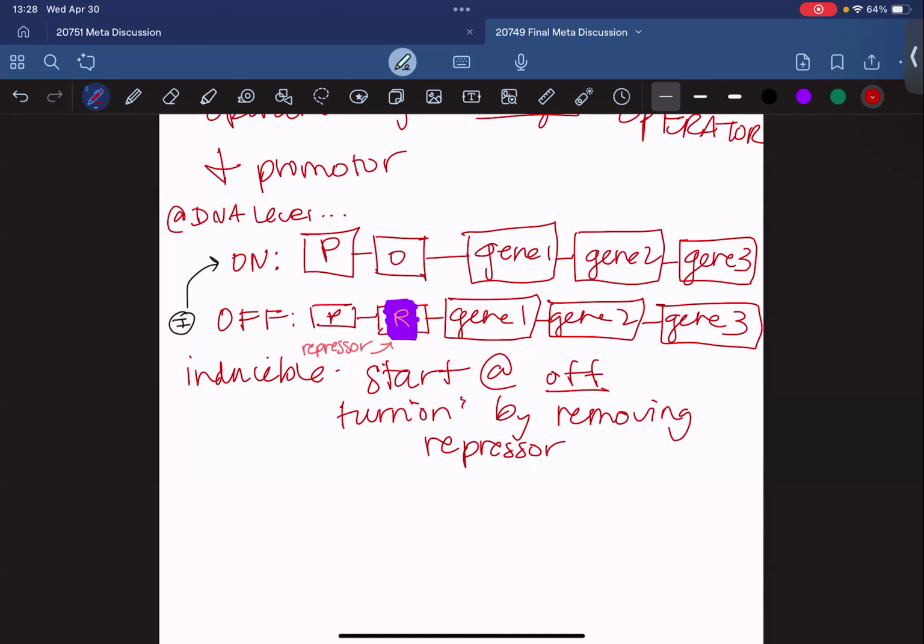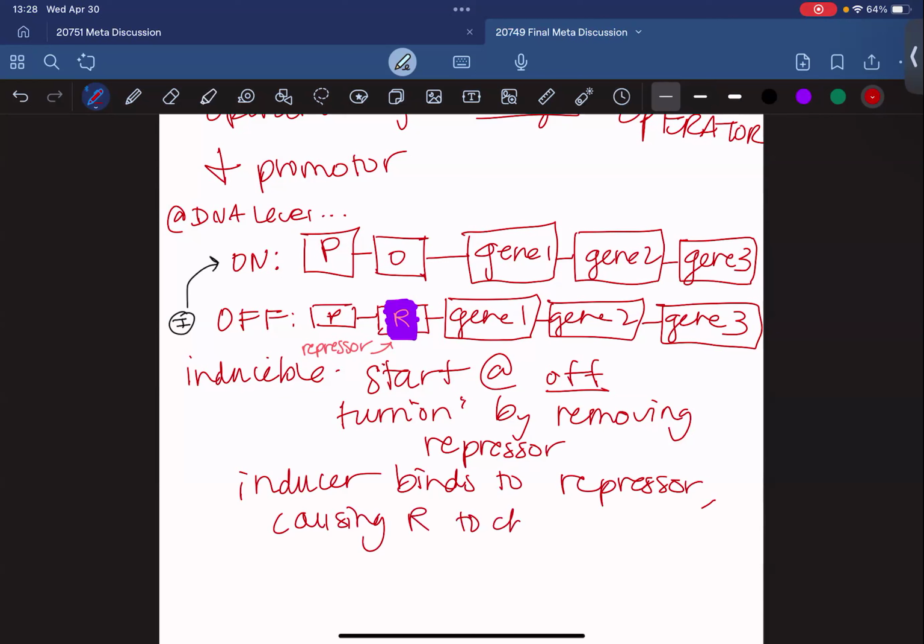This means that the inducer binds to the repressor, causing the repressor to change shape, and then fall off.